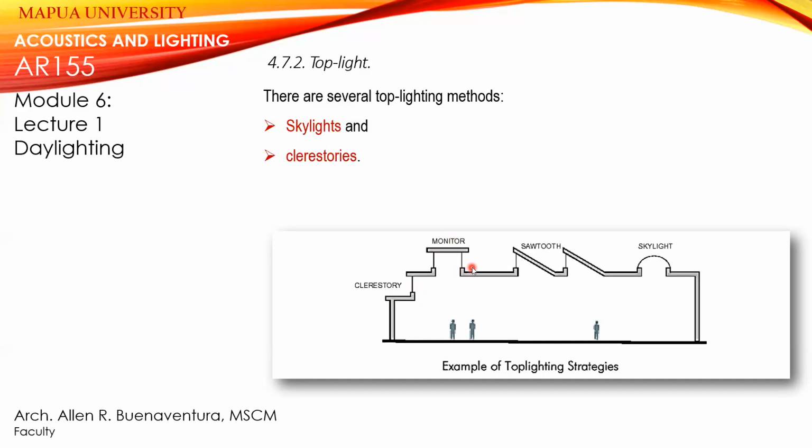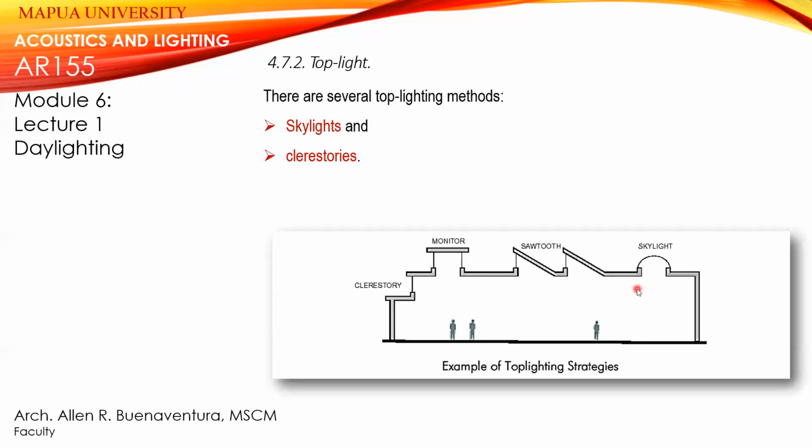The monitor is the one that is on top of the building. There are also sawtooth clerestories, and the last one is the skylight, which is the direct opening on top of the building. So the clerestory is the indirect opening. The skylight is the direct opening on top of the building.